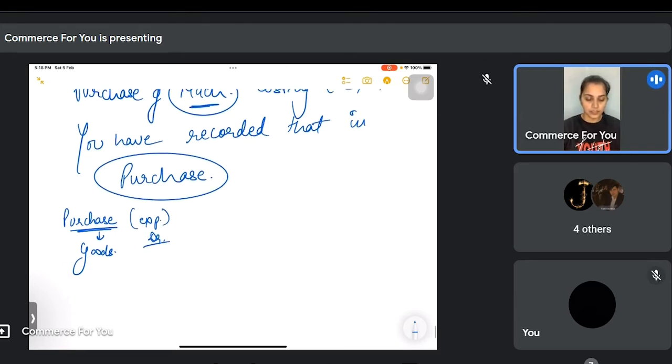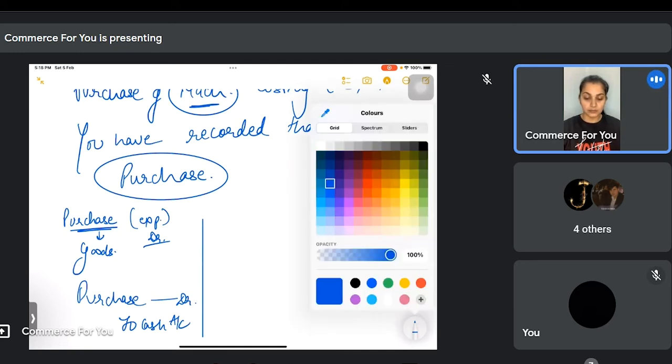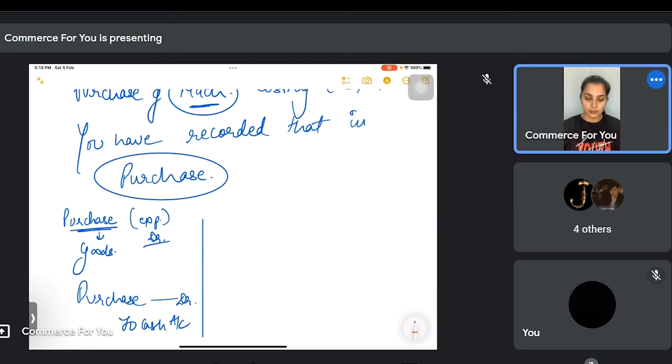So your wrong entry will be purchase account debit to cash or bank, howsoever you have paid for it. Please be very careful: since they said it was recorded in the purchase account, that means there was no change in cash or bank.